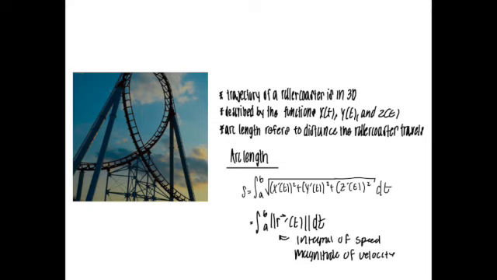Because it could be described in terms of x, y, and z, and because it is in three-dimensional space, the track of a roller coaster can be described by the functions x of t, y of t, and z of t, and they help define the position of a roller coaster at any specific time, which is usually in seconds.